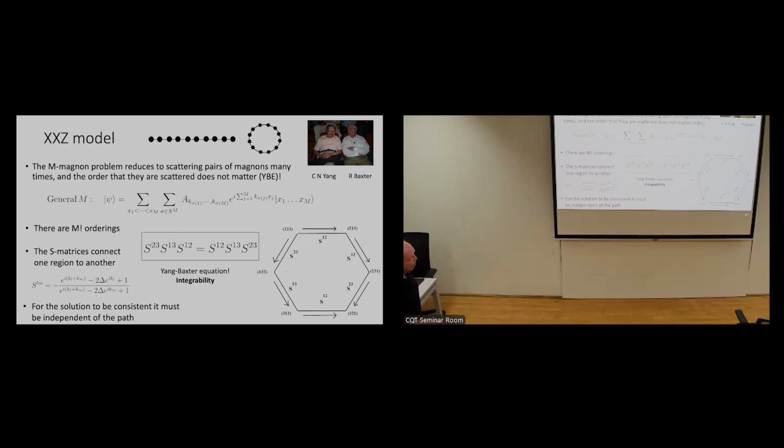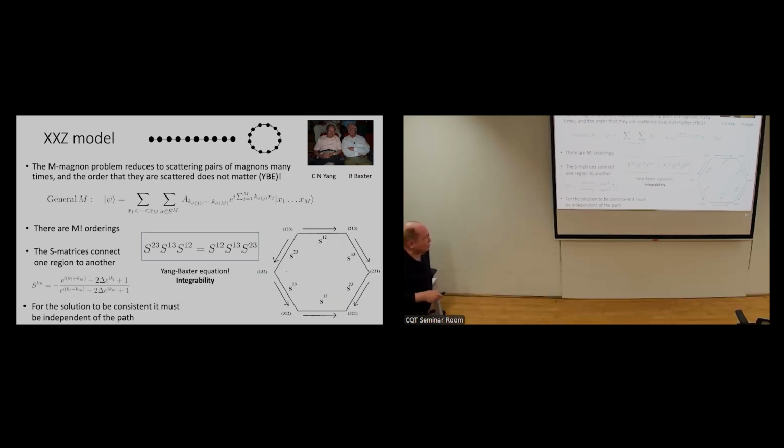Now I have the amplitude describing the situation where particle 2 is to the left of 3 to the left of 1. And then I can exchange 2 and 3, and I reach the amplitude where 3 is to the left of 2 and to the left of 1. But I can reach it by a different set of permutations. First I permute 2 and 3, then 1 and 3, then 1 and 2, and I reach the same amplitude.